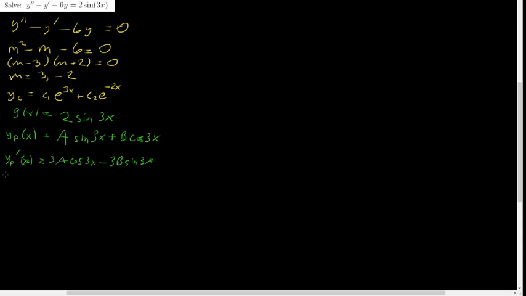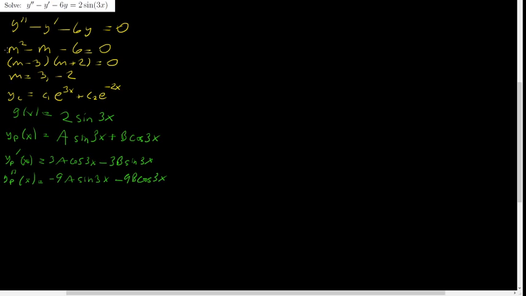And then yp double prime of x will be minus 9a sine 3x and then minus 9b cosine 3x. I hope that's not too messy.